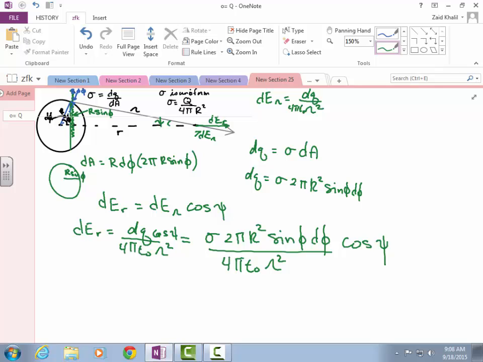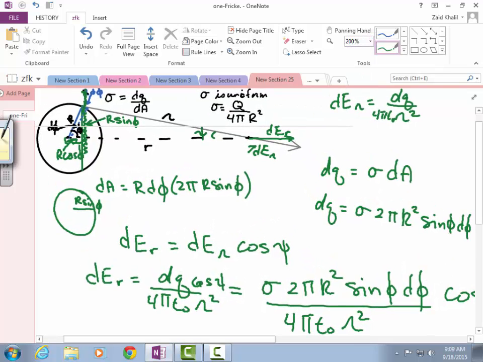Be careful. So that's psi, right? What is this length right here? So that's r cosine of phi, right? That's this thing right here. That's r cosine phi. Okay?